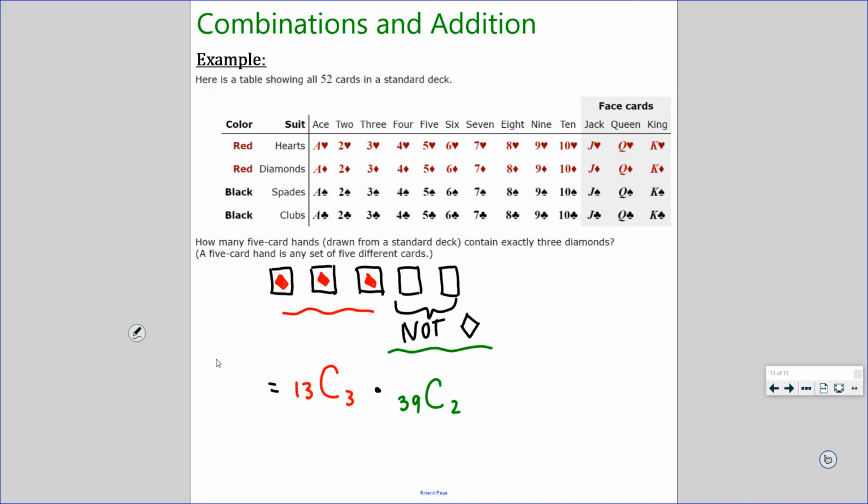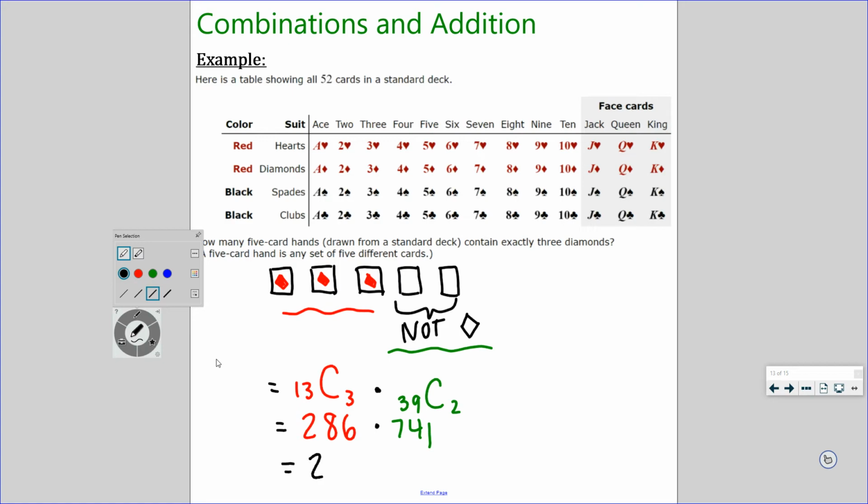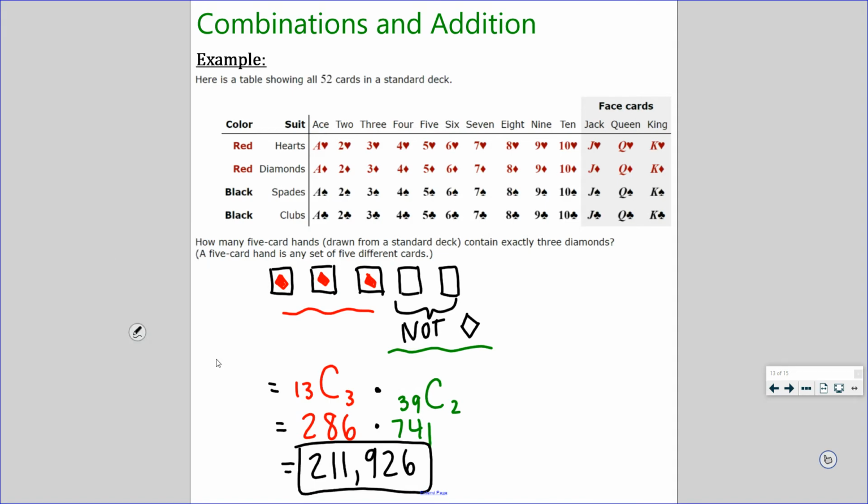Okay, so for the diamond number, I got there's 286 different ways you could choose 3 diamonds, times the other suit, obviously there can be more, 741. Seems like there'd be more than that. $211,926 different ways. Crazy.